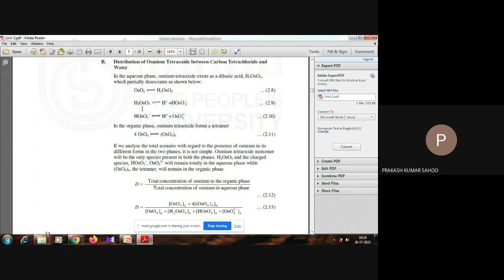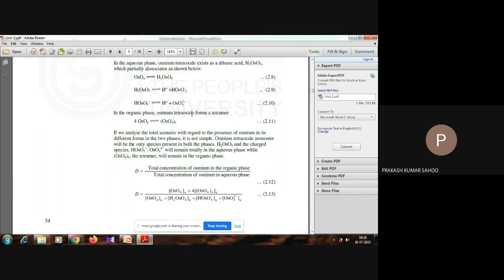Then H2OsO5 dissociates to give H plus and HOsO5 minus, the osmate ion. Then again, this ion will dissociate to give OsO5 2 minus. This reaction is supposed to be happening in the aqueous phase.